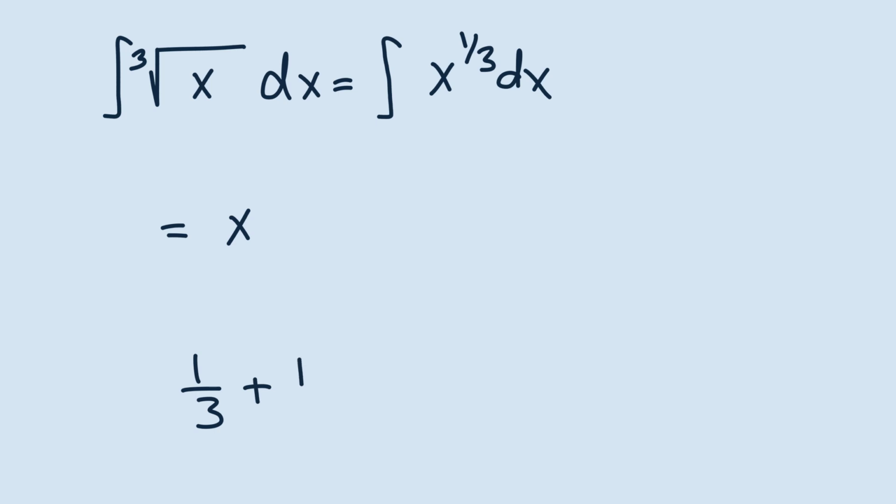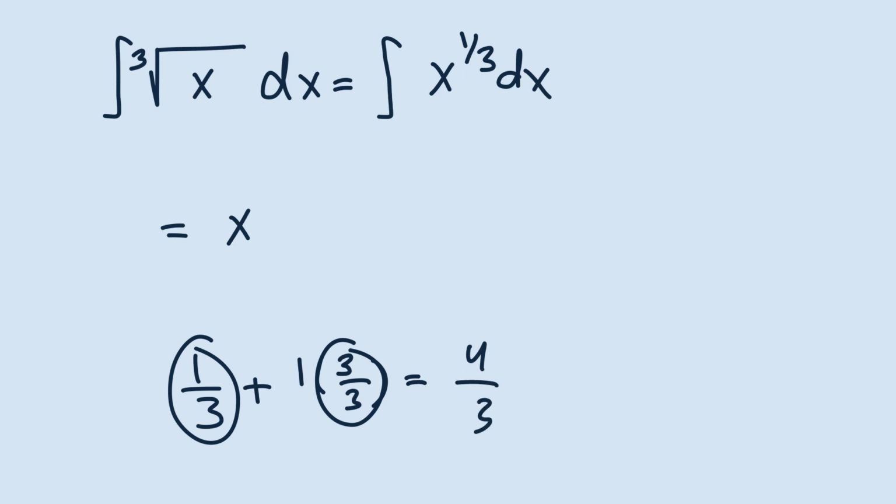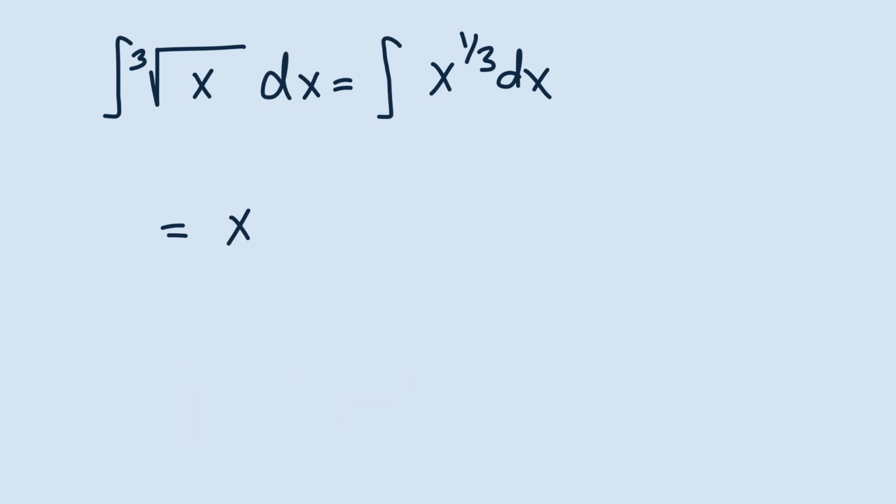We can write 1 as 3 over 3, which equals, adding this part and this part, 4 over 3. So our new exponent is 4 over 3, divided by 4 over 3, plus c.